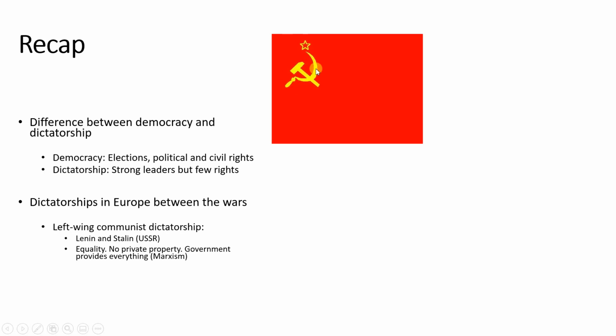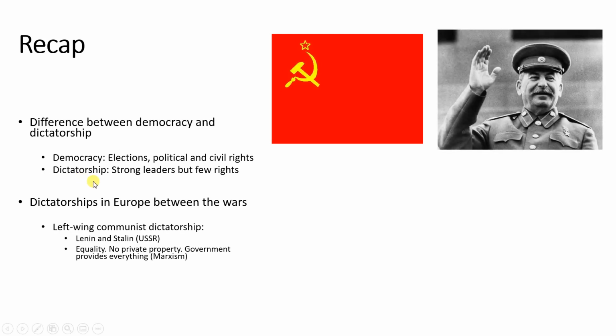And that existed for a long time, from 1917 right up to 1990, 91. Led by Lenin originally, and then later, of course, the famous Uncle Joe, Joseph Stalin, one of the famous dictators of the 20th century. Quite a frightening guy.